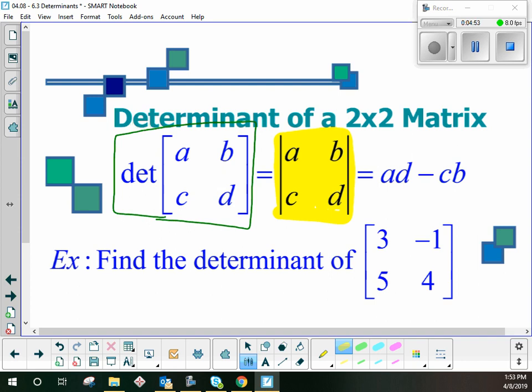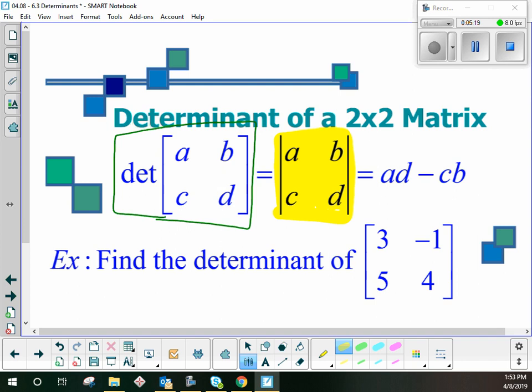It looks like absolute value bars. It's not the absolute value function, but it is straight bars instead of the bars with the feet in the heads. What else is different? Yeah, the brackets have changed. There's one other thing missing: the DET. There's no DET written there.